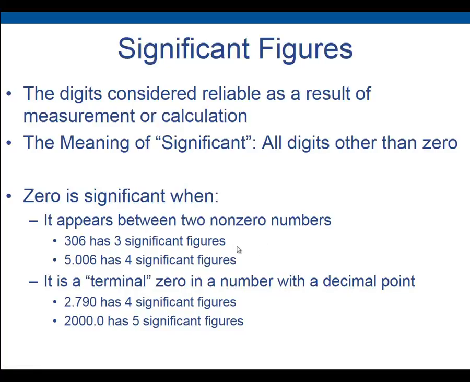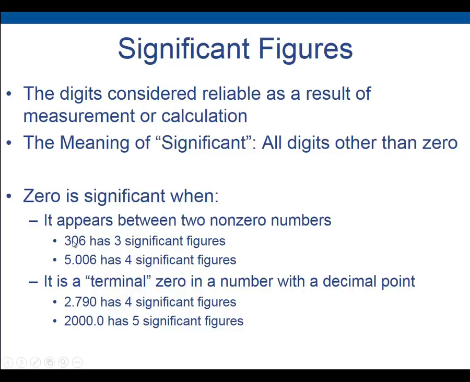Now what is a significant number? The significant number is a digit considered reliable as a result of measurement or calculation. The meaning of significant is all digits other than 0. But there is an exception. 0 is significant when it appears between two non-zero numbers, such as 306. 306 has 3 significant figures.